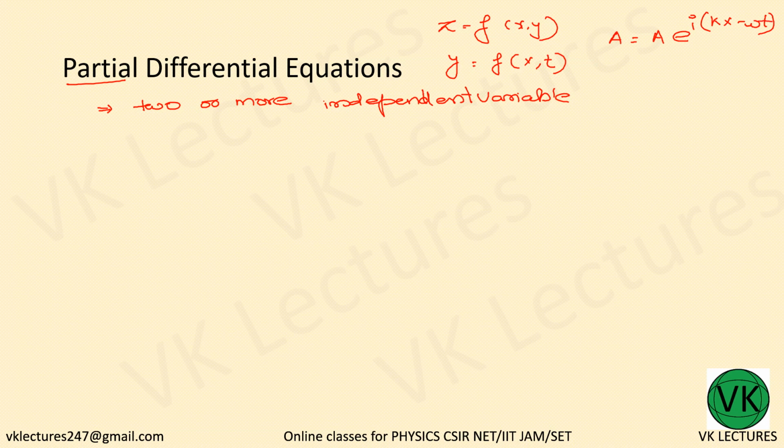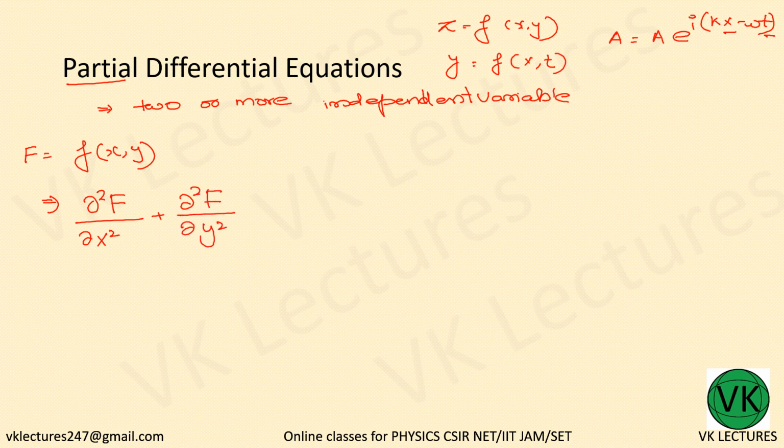So it's a function of both x and t. If f is some function of x comma y, then we can write the partial differential equation as dou square f by dou x square plus dou square f by dou y square equal to 5x or 5xy, something like that.